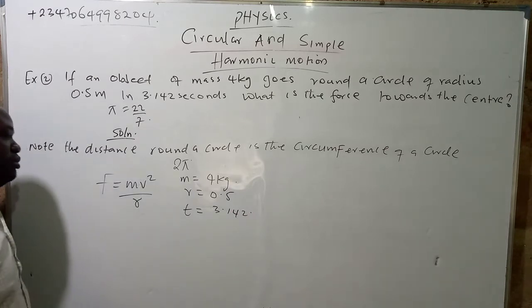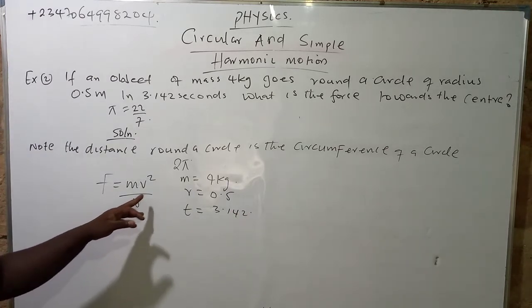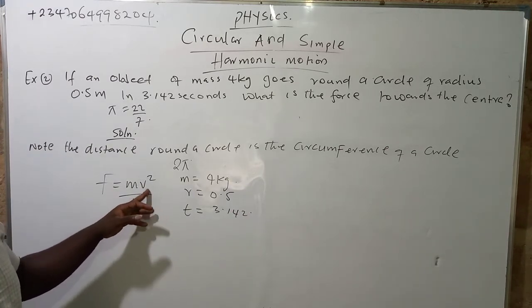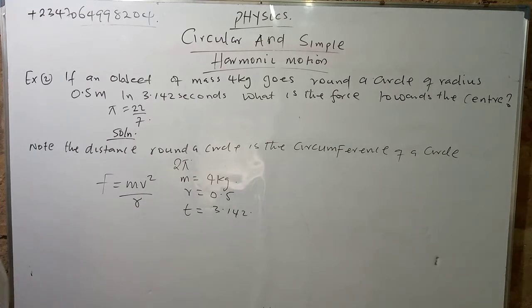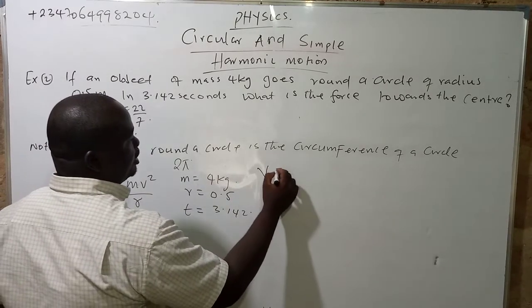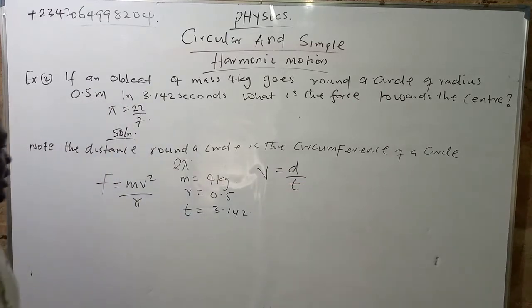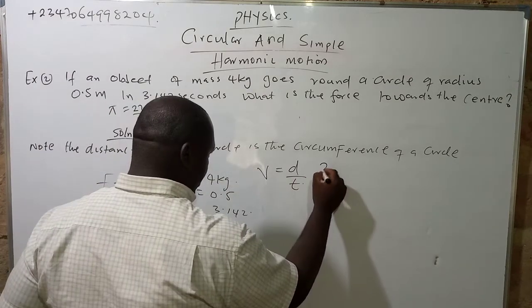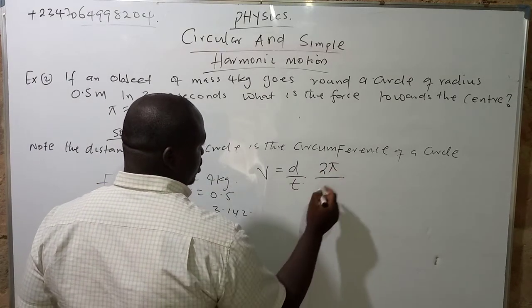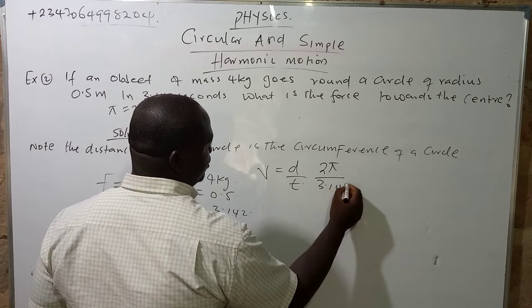Now look at the problem here: we don't have velocity, and without velocity we can't calculate it. Remember that velocity is distance all over time, and the distance around the circle is the circumference, so it is 2 pi r all over your time, which is 3.142.